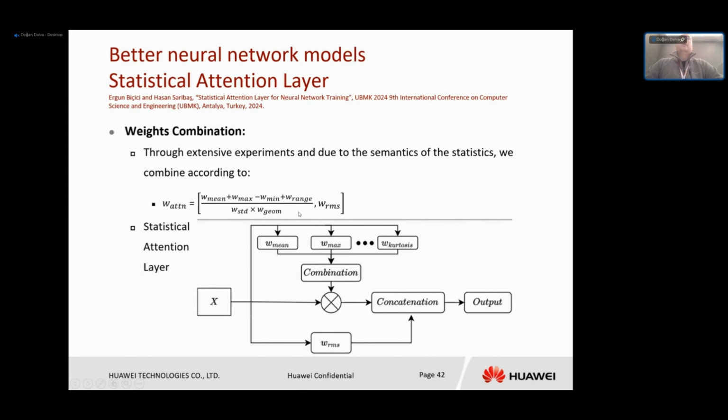So mean and max is summed, mean weight from the minimum is subtracted, and weight from the range is added, and these are divided by the standard deviation and geometric mean weights. And this is depicted in this figure.